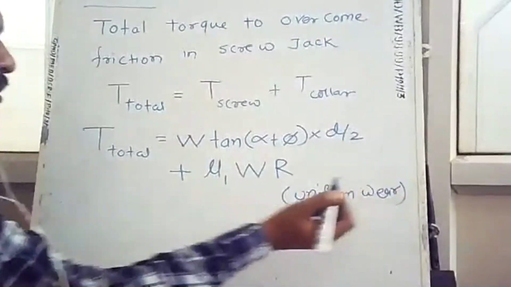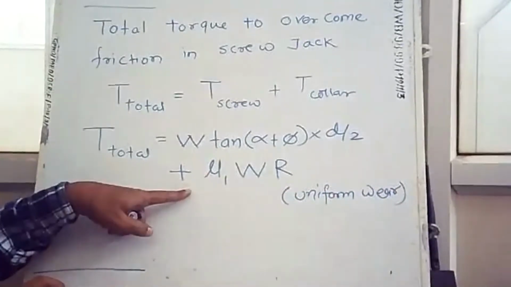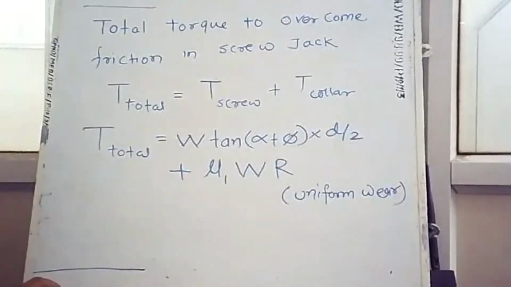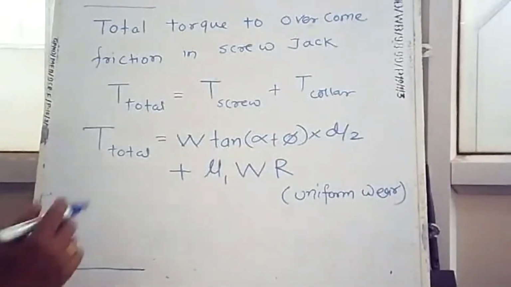This is T of collar, the torque required to overcome the collar friction. This equation we generally use in our design for the total torque to be transmitted by the screw jack.